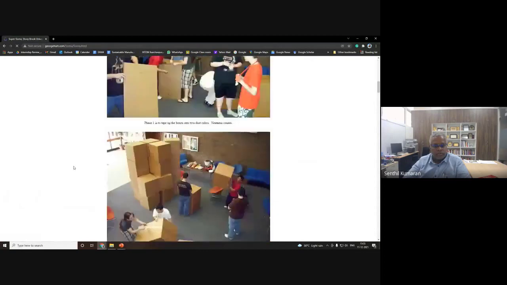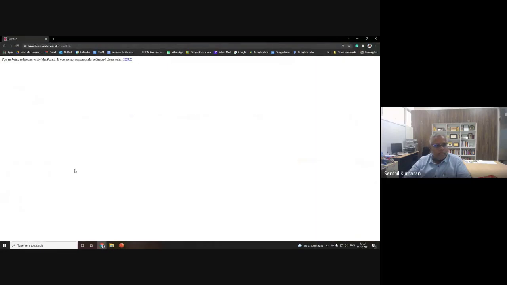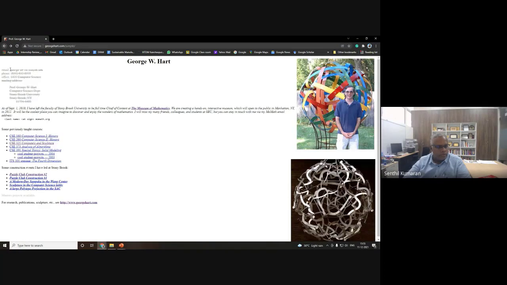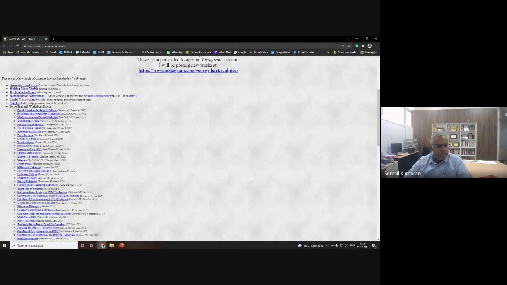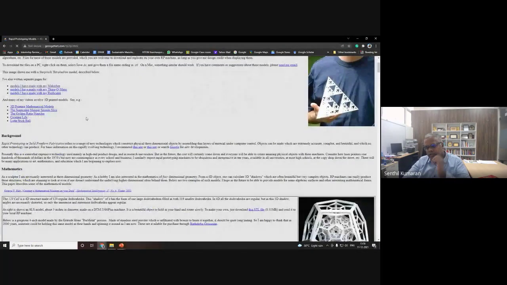These are some constructions. He shows a lot of these 3D printed objects also. Computer science sculptures. You can see here some of his rapid prototyping models. These models are the ones that we used to take from him to 3D print.